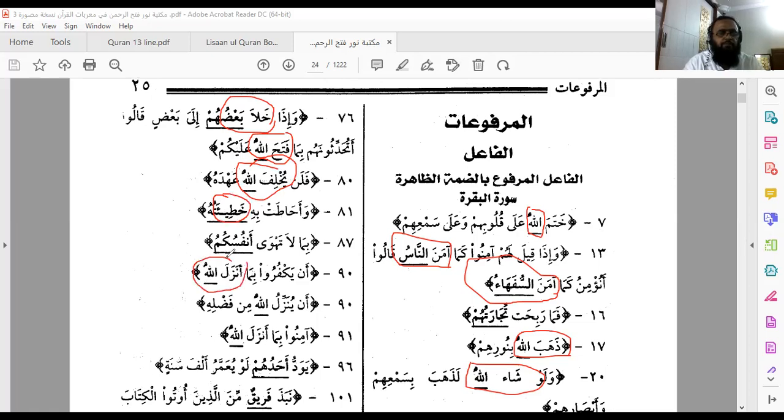Anzalallahu, zamma. So the i'rab plays a very important role in Arabic.